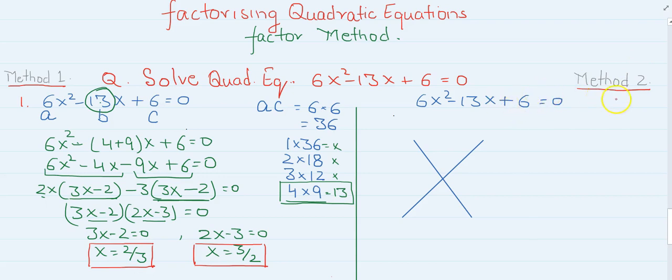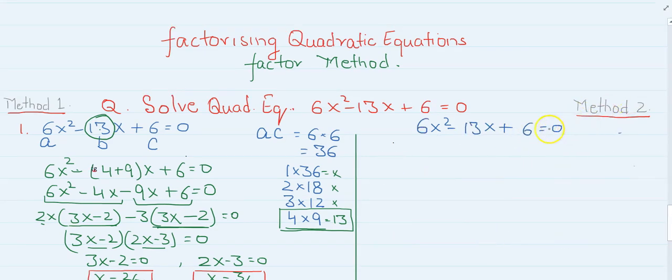Now, in the second method, let's try to solve the same quadratic equation using another method. In this method, we factorize this. So 6x squared, I can write it as 3x and 2x. And this 6 I can write as 1 and 6, or 2 and 3: 1 times 6 is 6 and 2 times 3 is 6.